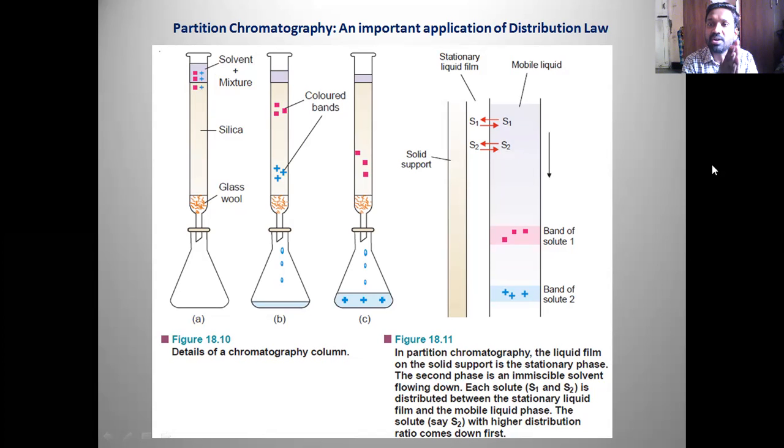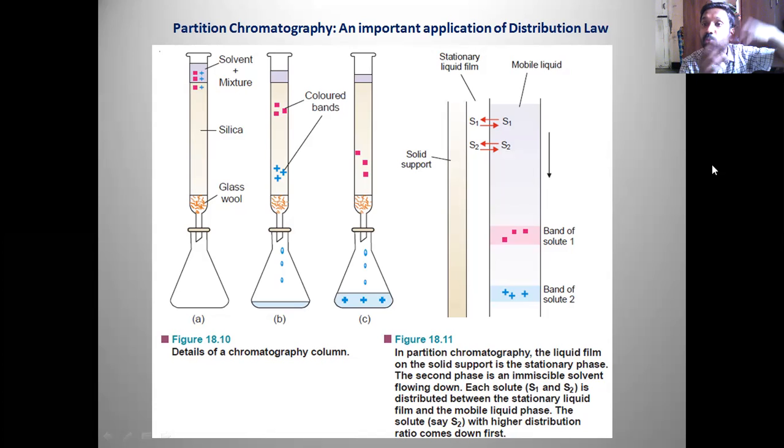So the distribution coefficient is important between what? Between two phases. Which are the two phases? One is the solid phase, the stationary phase, the other is the mobile phase. Till now, in all our examples of distribution law, we were taking liquid-liquid separation. But here it is solid-liquid separation. One phase is solid, the other phase is liquid.